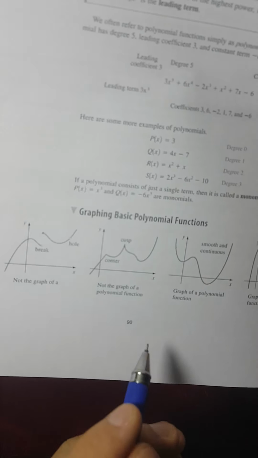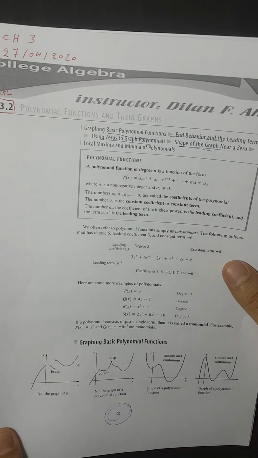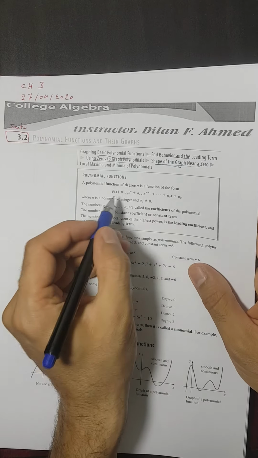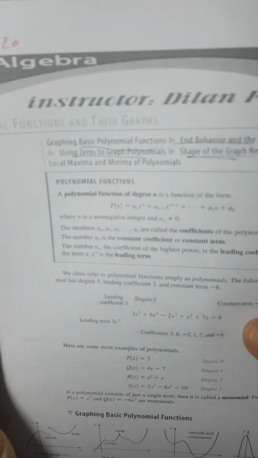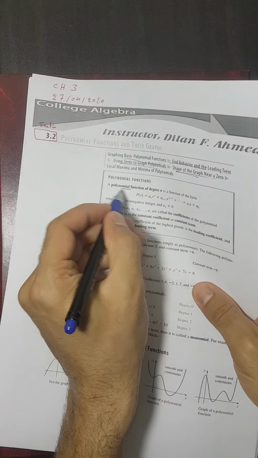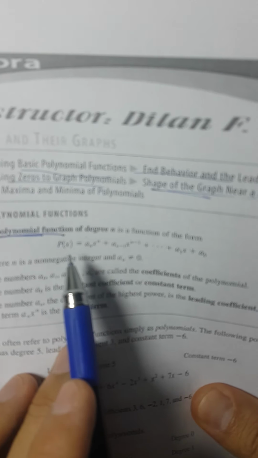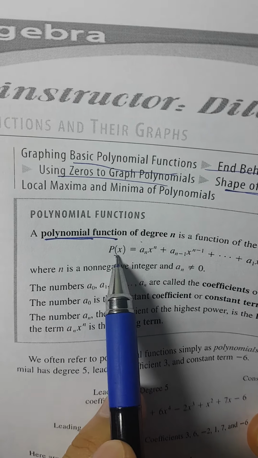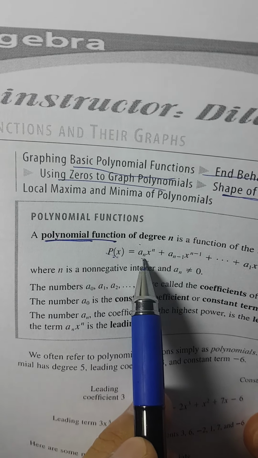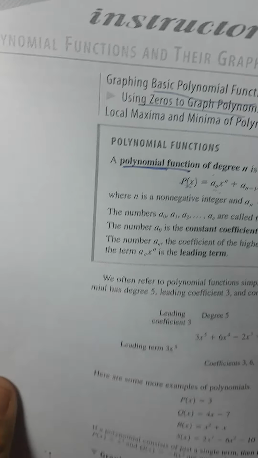On page 19 we are starting this section, and it starts with the definition of a polynomial. As you know, polynomial in Kurdish we say zorradı der. A polynomial function is a function with p of x equal to a in x, b in x, something like that.